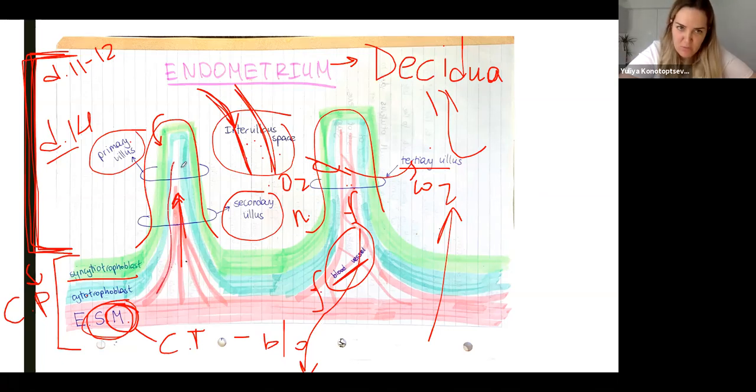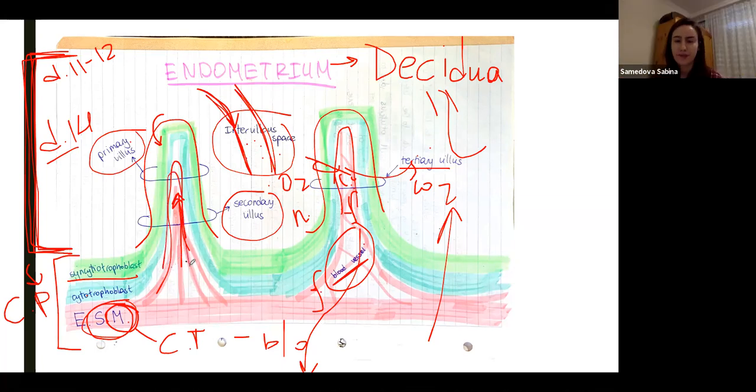So this mesoderm that is in the secondary villus, it differentiated, it became fetal blood vessels surrounded by embryonic connective tissue. So what are these fetal blood vessels surrounded by? By mesenchyme, right? So in the tertiary villus, you already see that there is mesenchyme with the fetal blood vessels. In the secondary villus, you don't see that. You just see the undifferentiated mesoderm.